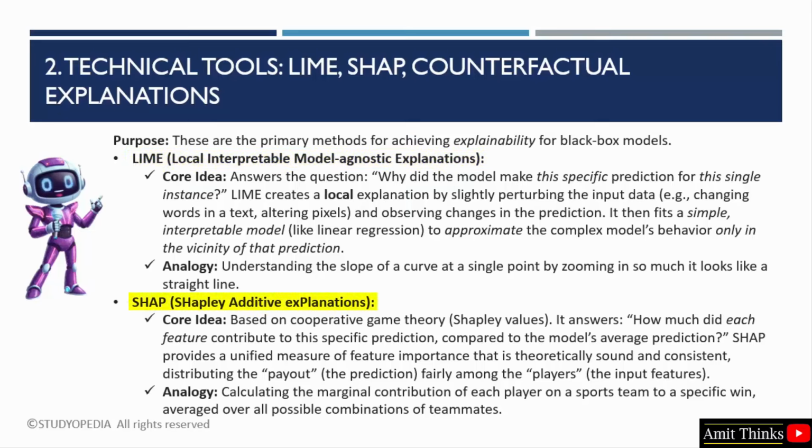The next tool is SHAP, that is Shapley Additive Explanations. It uses Shapley values from game theory to show how each feature contributed to a prediction compared to the average. It fairly distributes the prediction payout among input features. Here the analogy is like measuring each player's impact on a win by averaging their contributions across all team combinations.